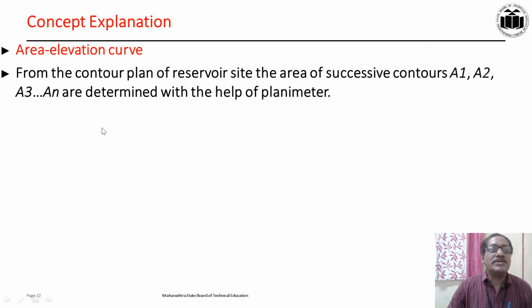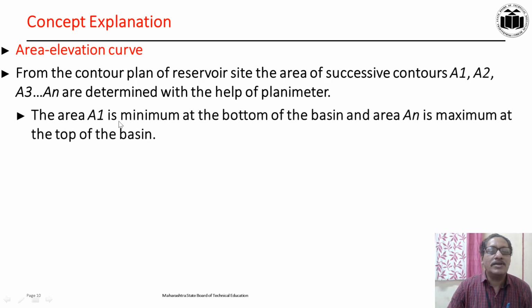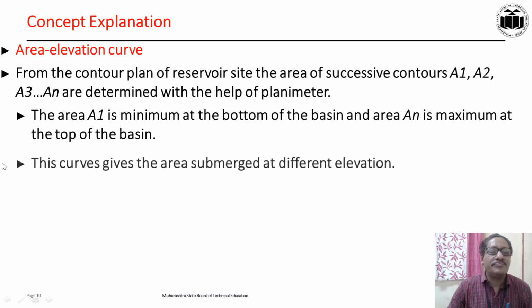The area elevation curve: from the contour plan of the reservoir site, the areas of successive contours A1, A2, A3 up to AN are determined with the help of a planimeter. The area A1 is minimum at the bottom of the basin and the area AN is maximum at the top of the basin.